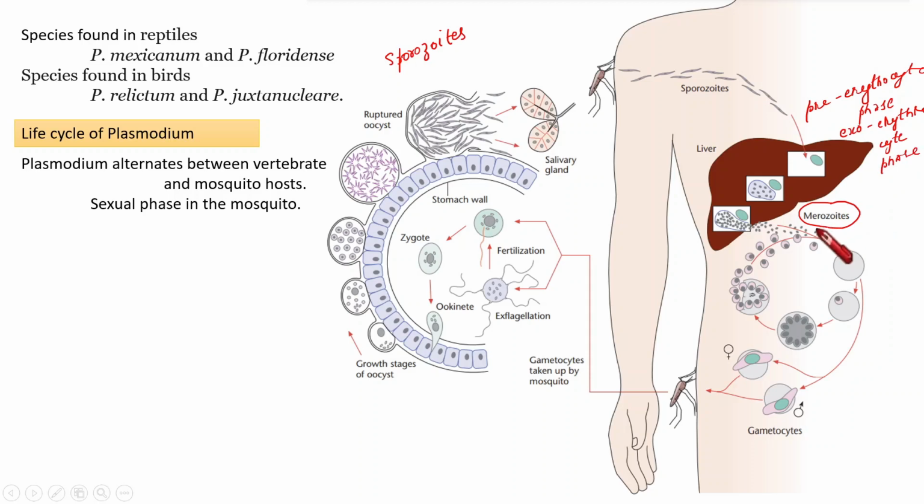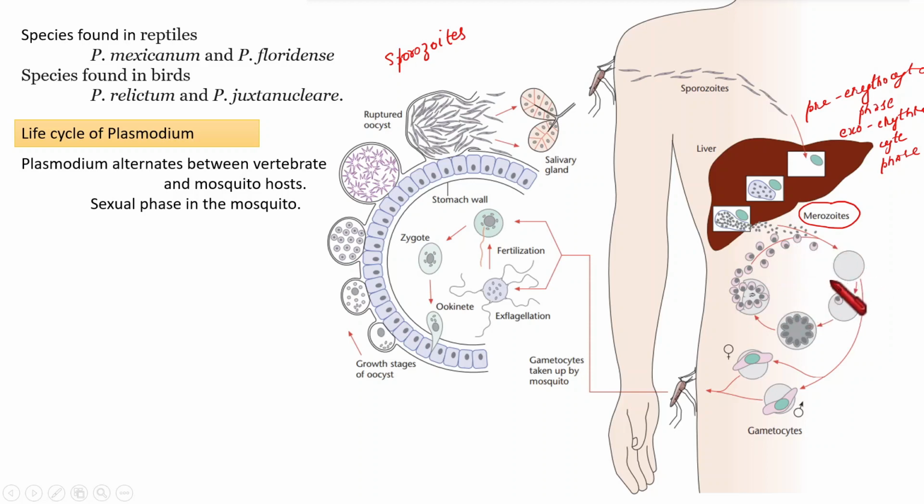After this phase, these merozoites attack the RBC, and it manages to enter inside the RBC, and after getting inside, it undergoes several rounds of multiplication and proliferates inside the RBC, and then finally ruptures that RBC, and all the merozoites are released outside, and are free to attack another RBC.